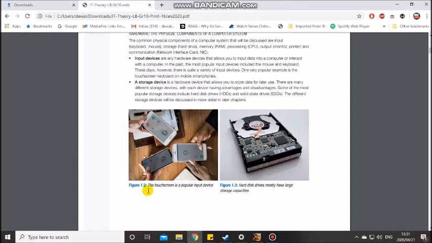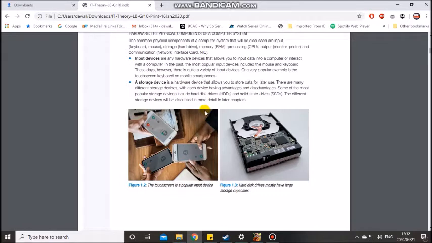We all know the hard disk drive is the mechanical one, which uses magnetic disc platters that spin around, and you've got a motor that spins that platter, and then you have a read-write head which moves up and down and gathers information in ones and zeros. Then we have the solid state drive, which is the much faster one, which works electronically and you don't have any moving parts in it.